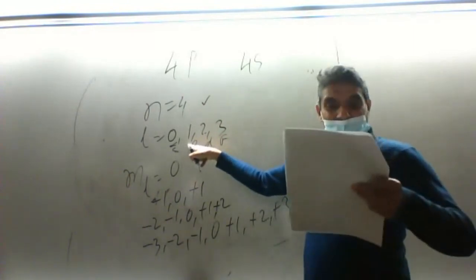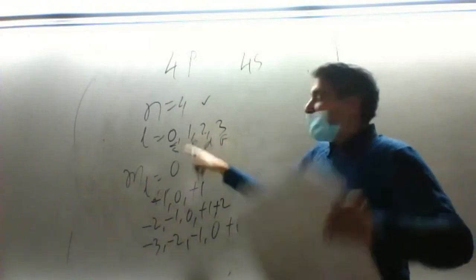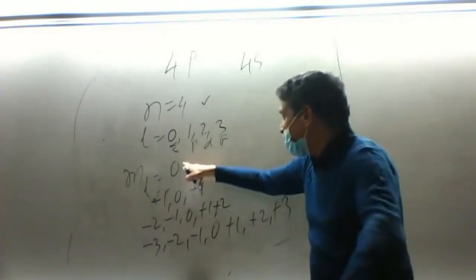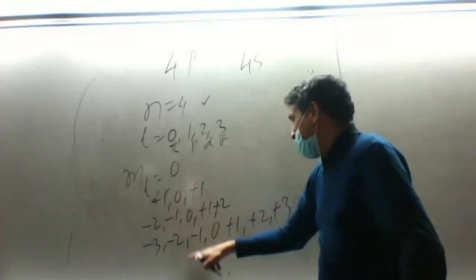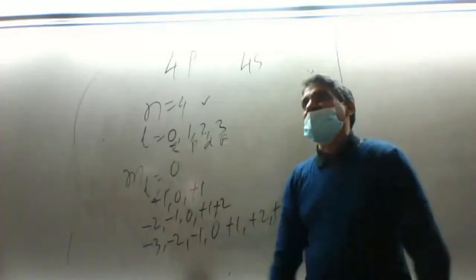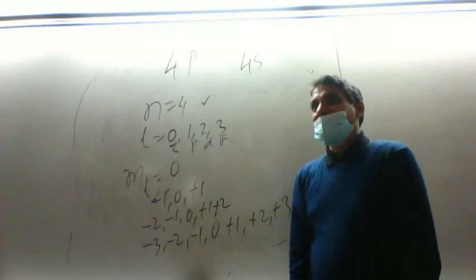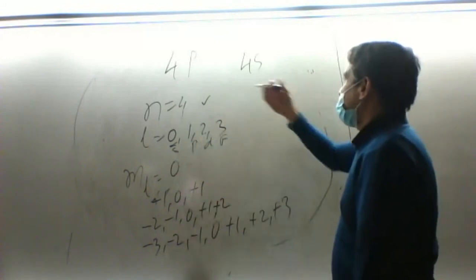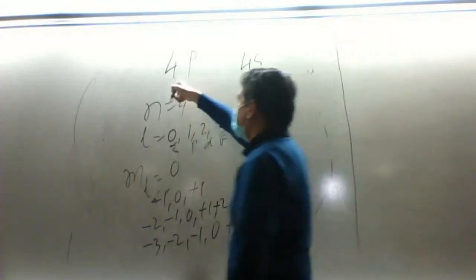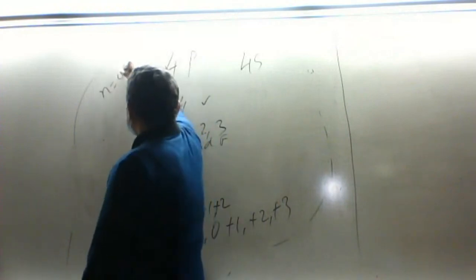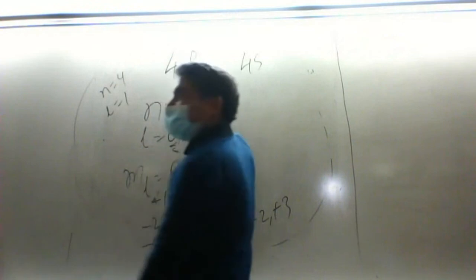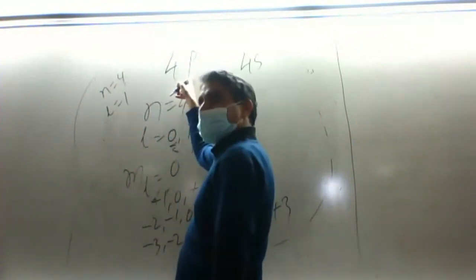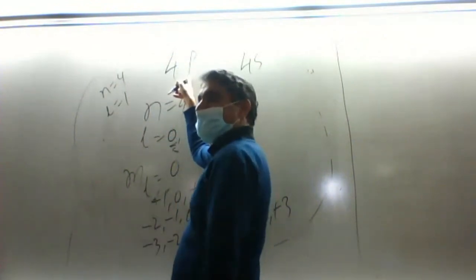Now ML is equal to 0. Do we have a 0 in ML? Many zeros are there. Here is 1, 0, here is 1, 0, many zeros here. So this is good. Make sense? So for 4p, what are the possible quantum numbers? n is equal to 4, L is equal to 1 because S is 0, P is 1, D is 2, F is 3.